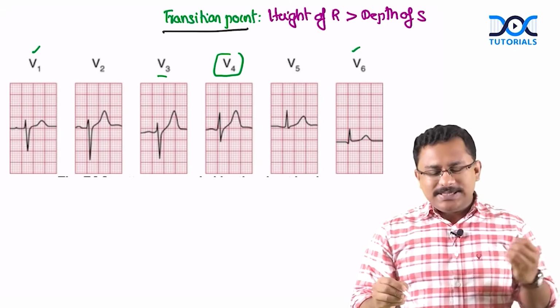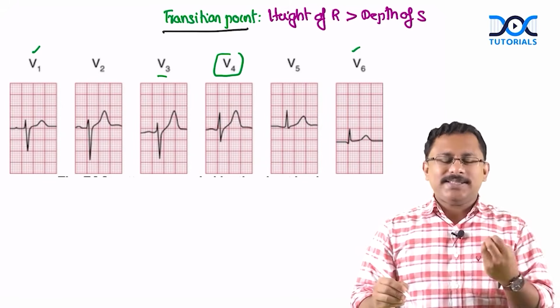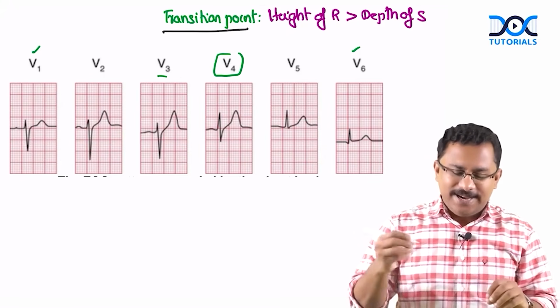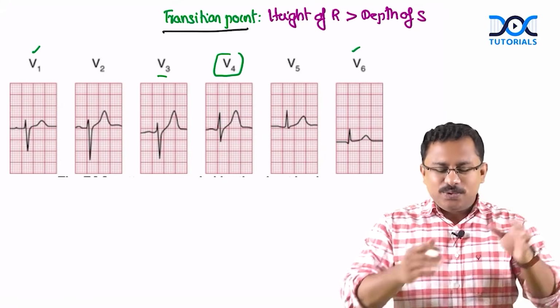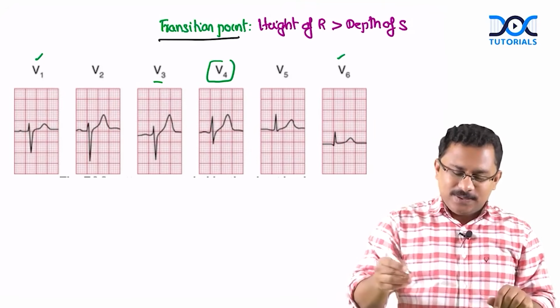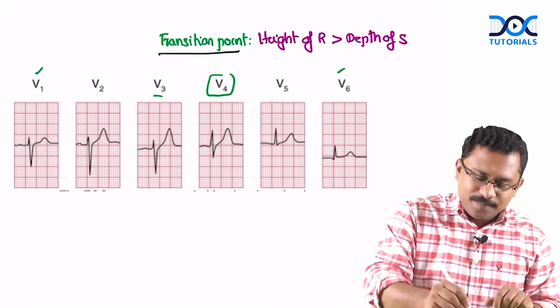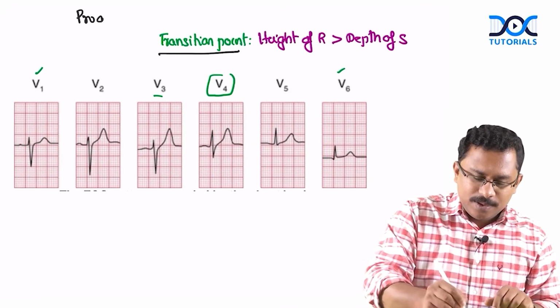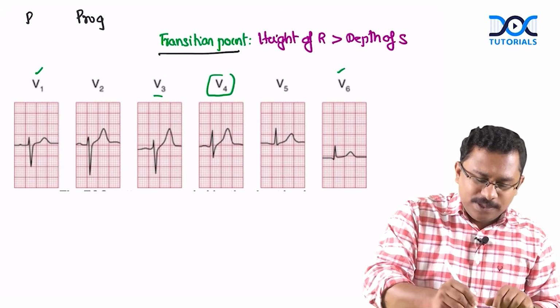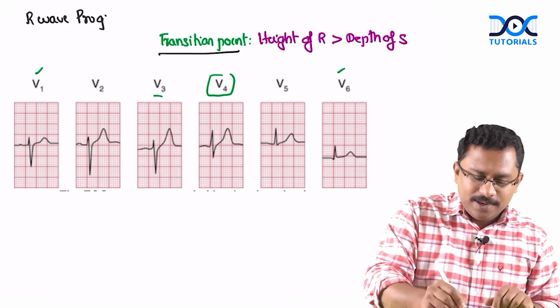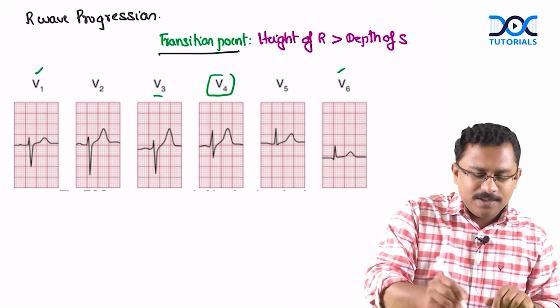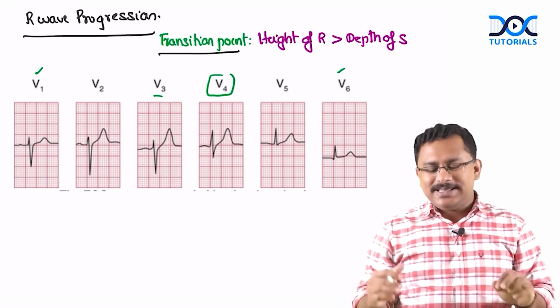This progressive increase in the R wave height is what you can call R wave progression. So there is a progressive increase in the height.